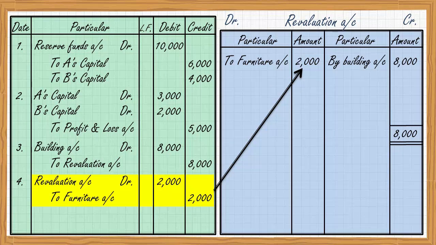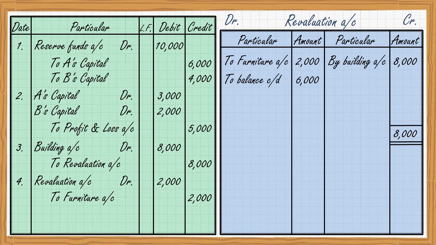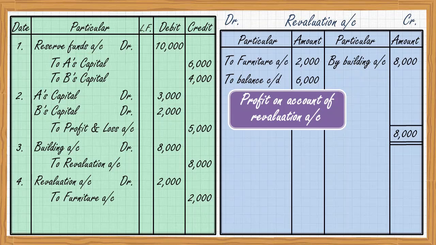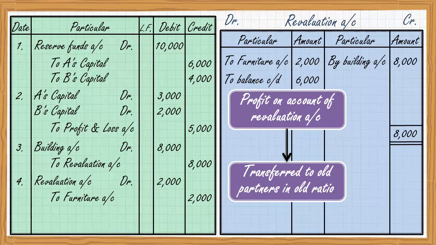Now the total of the credit side of revaluation account is rupees 8,000, and the balancing figure on the debit side is rupees 6,000. This is basically a profit on account of revaluation, and this gain or profit will be transferred to the old partners, A and B, in the old ratio.